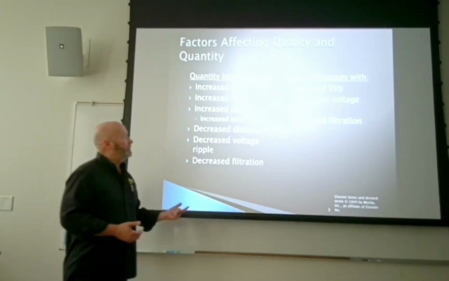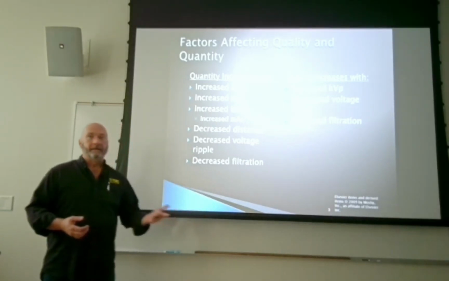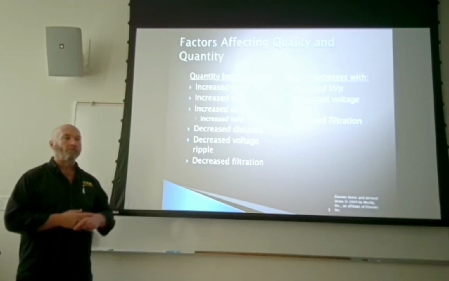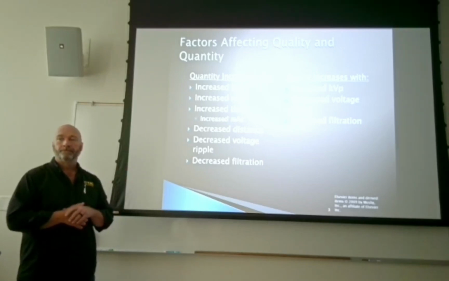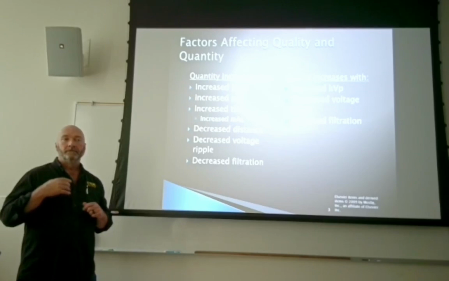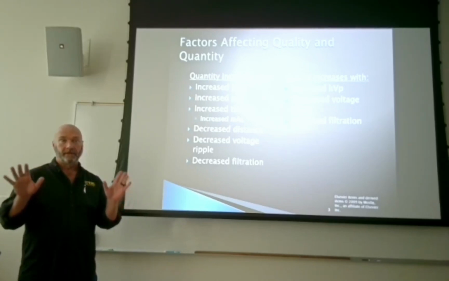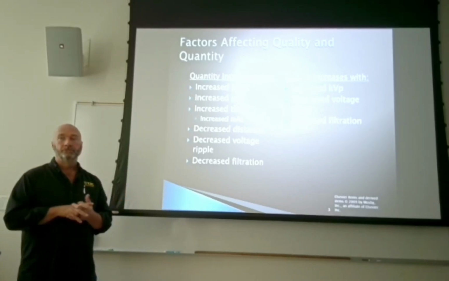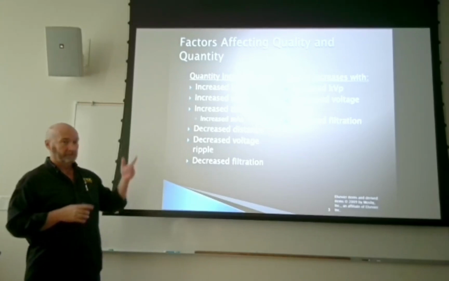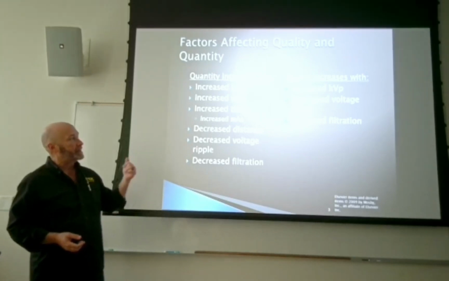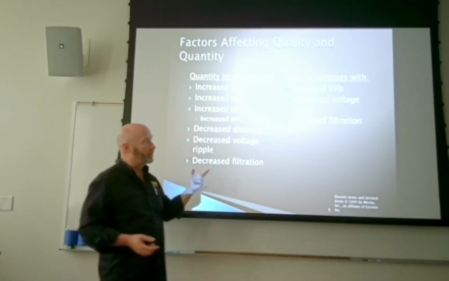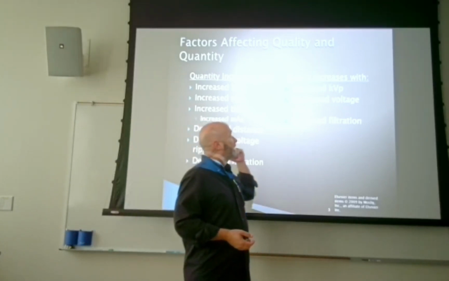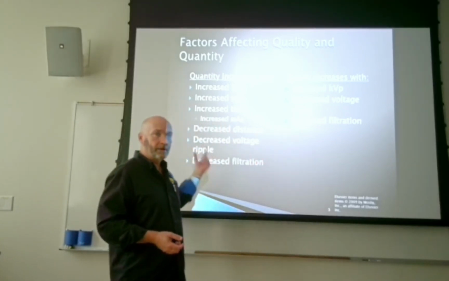So when we increase KVP, what do we get? If you increase your KVP, and that's the only thing you do, you're going to increase quality and quantity. Exactly. So we tend to hammer in that we increase our quality, but we also increase quantity.